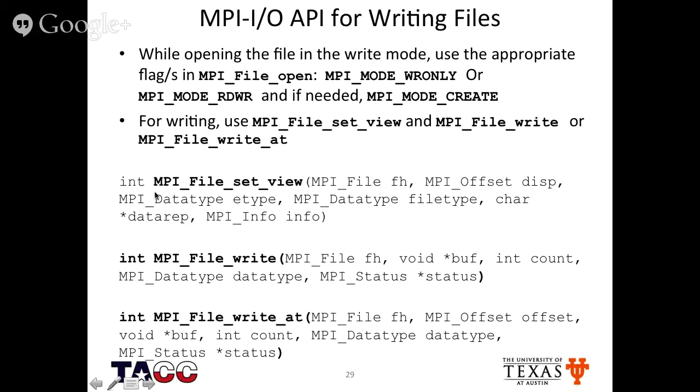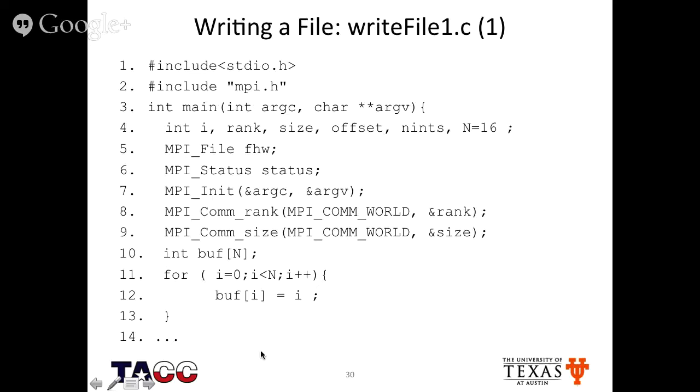Then MPI file write just takes the file handle as input. It needs the address of the buffer from which you want to write, the count of the data that you want to write, the data type, and the status object. Then you have MPI file write at. So MPI file write at is basically a combination of set view and write, if you will. So it takes the file handle, offset, the buffer, the count, data type, and status as its arguments.